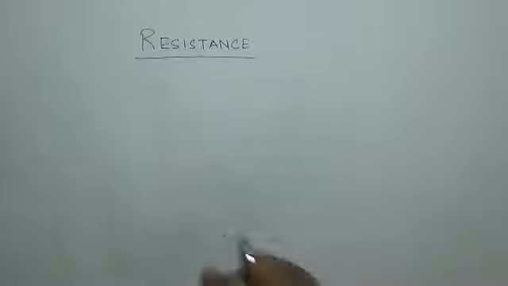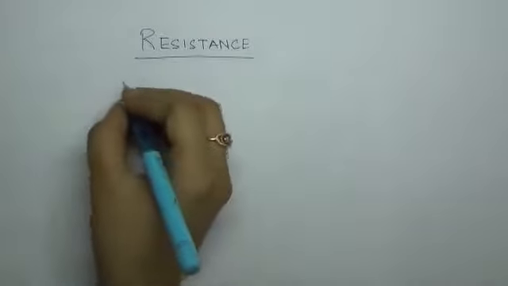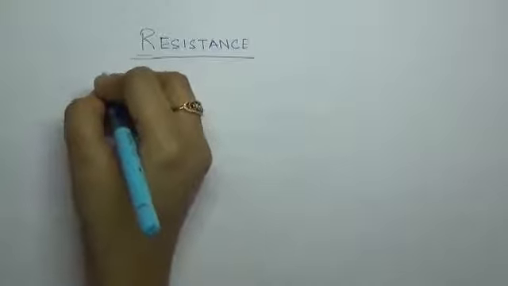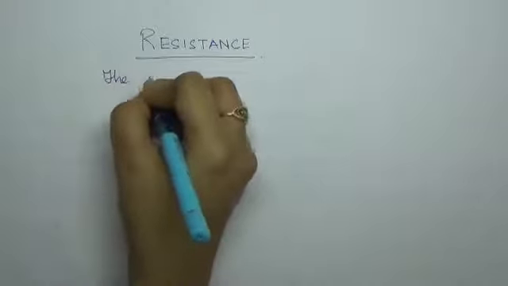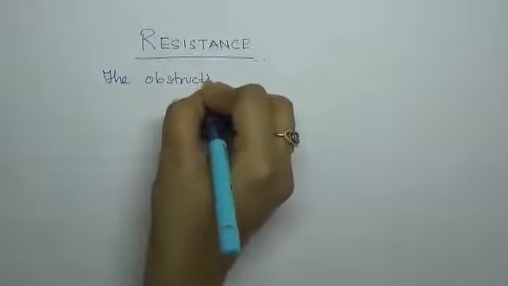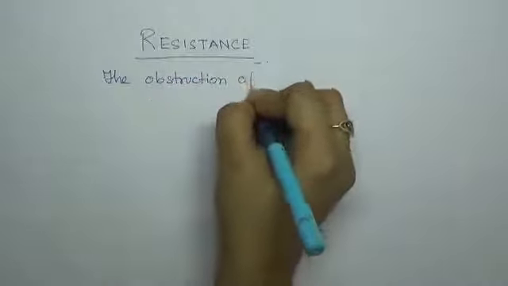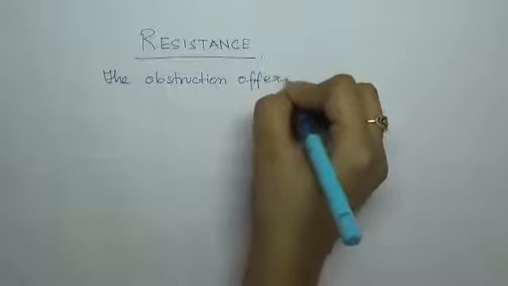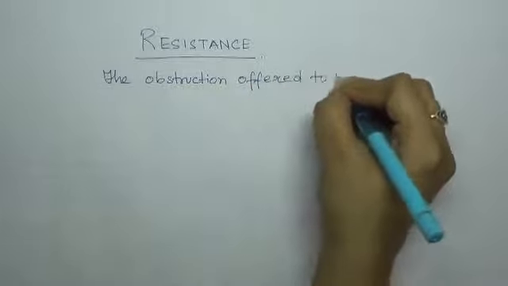So how do we define resistance in physics or in current electricity? It is the obstruction offered to the flow of current.